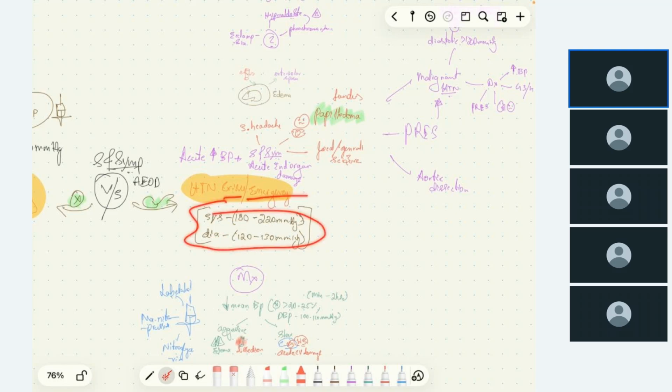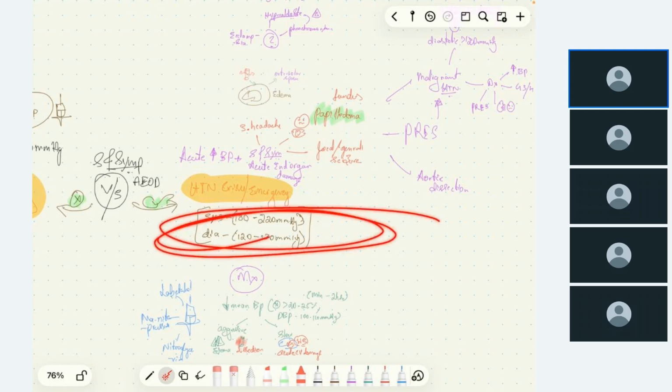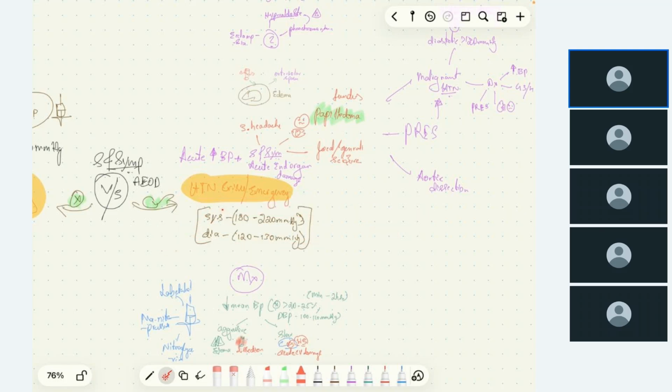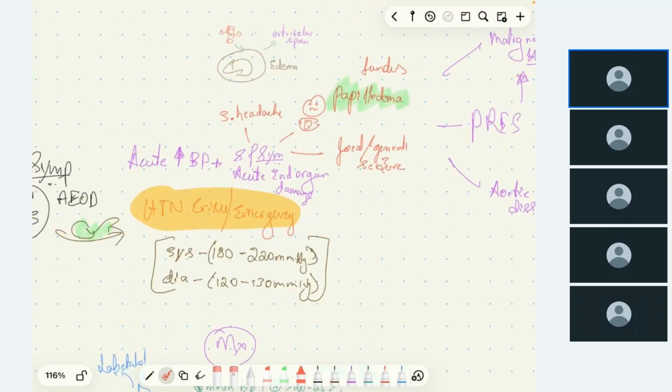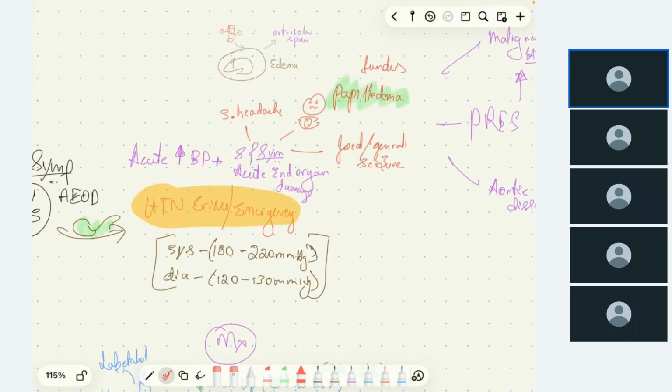It's not the criteria defining this, but we usually see these values. Along with the high BP, the patient should have signs and symptoms of acute end organ damage to call a patient as having hypertensive crisis or emergency. Now, what are these signs and symptoms of acute end organ damage?